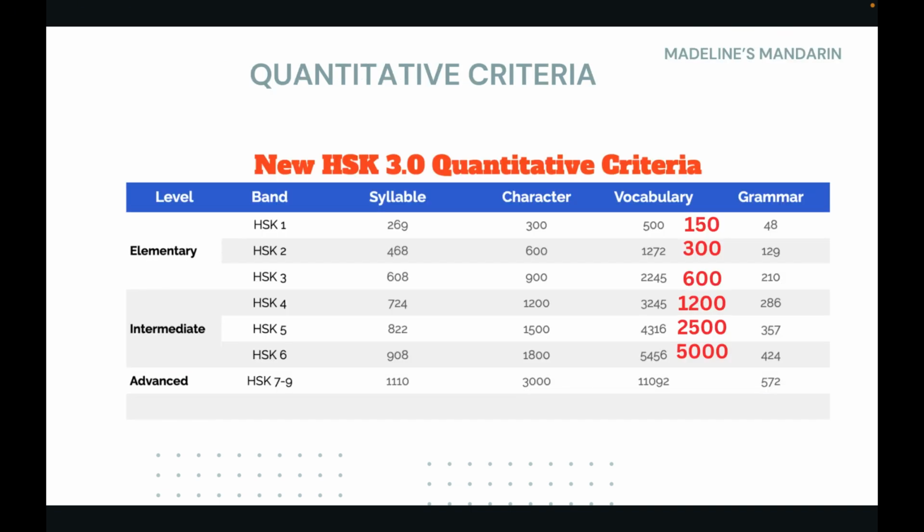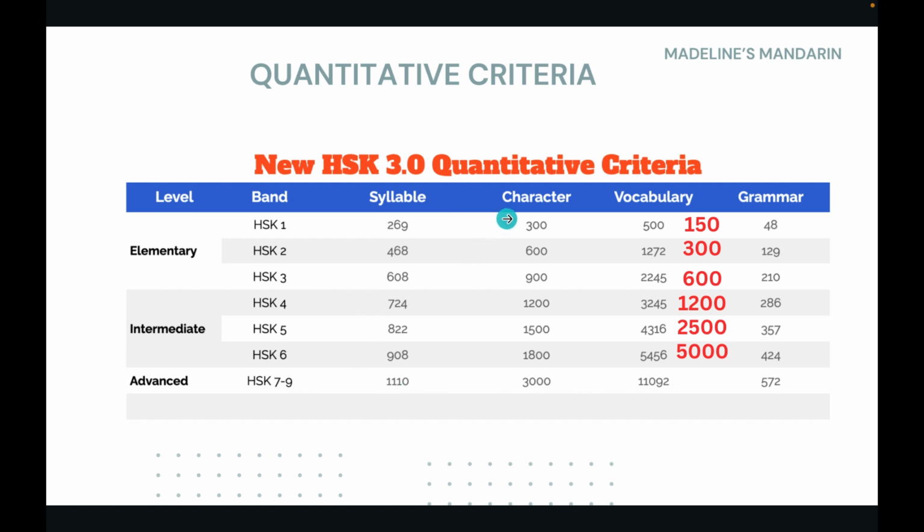Now let's look at quantitative criteria. This chart shows us the new HSK 3.0 quantitative criteria. Their levels, band, syllable, character, vocabulary, and grammar. Level, elementary, intermediate, advanced. Band from HSK 1 to HSK 9. In the syllable, you can see the numbers here.